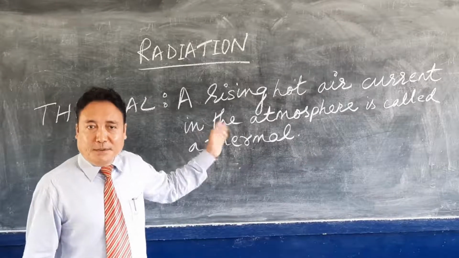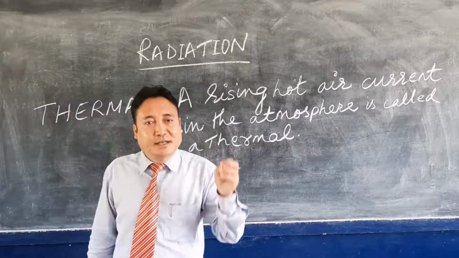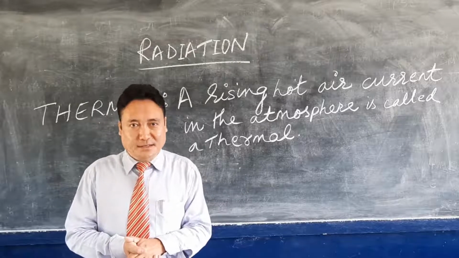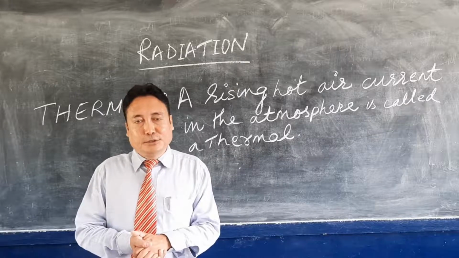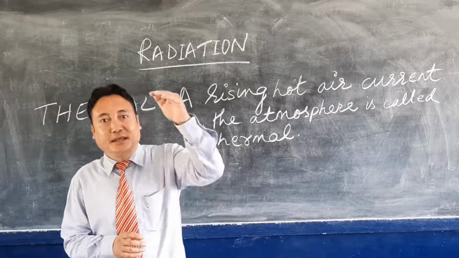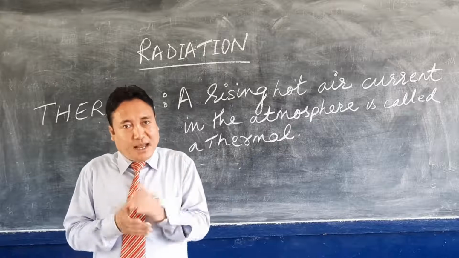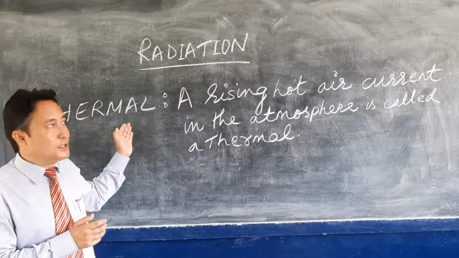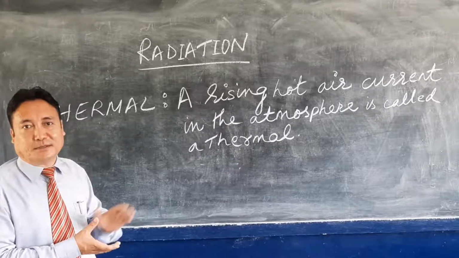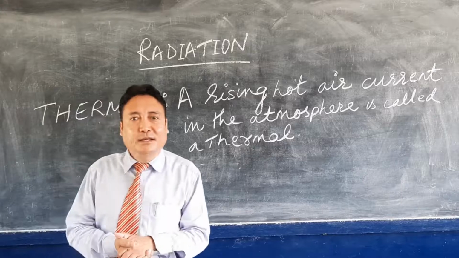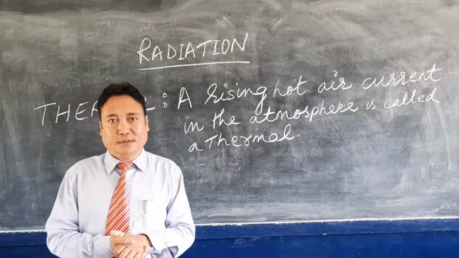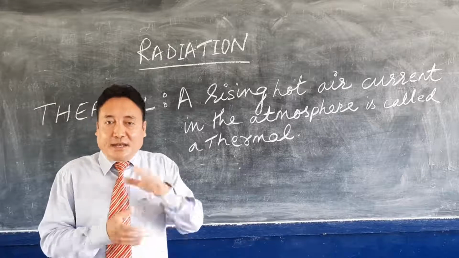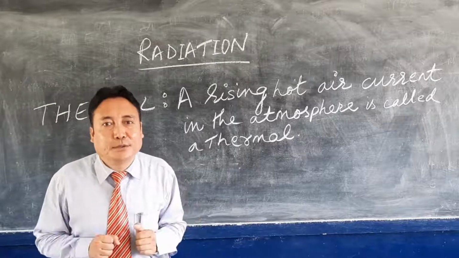Now this thermal helps gliders to rise up in the air. The gliders rise up by using this process, by using thermals. Even the soaring birds, or the birds of prey, climb up without flapping their wings.